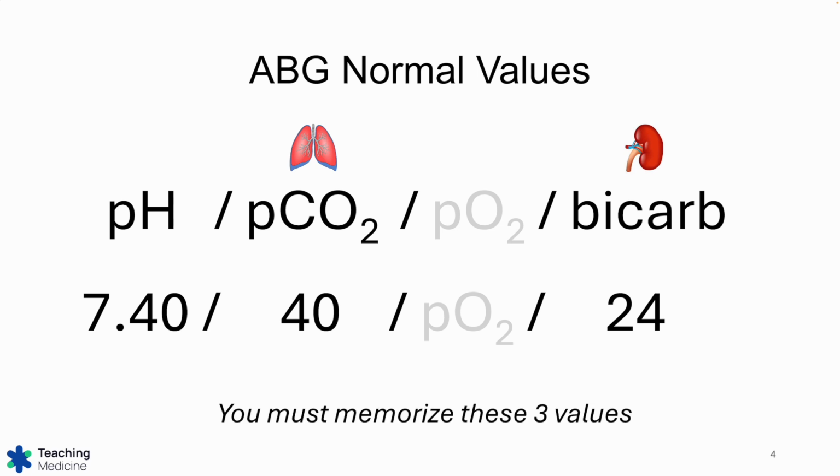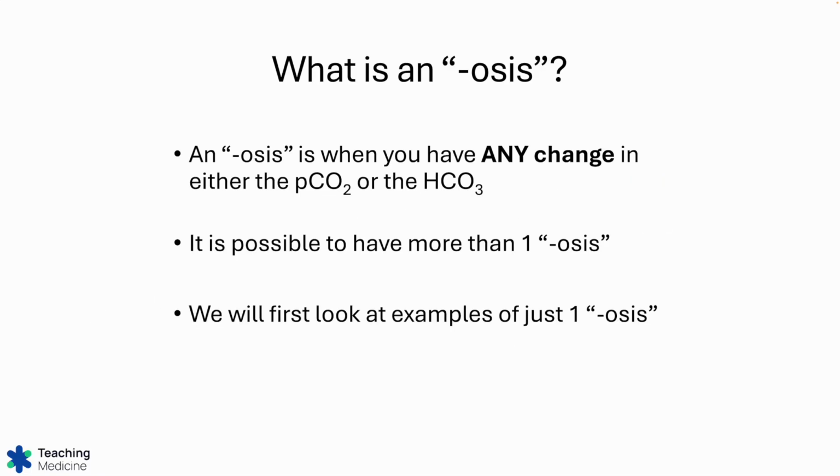You must memorize these three values because when you do an analysis of an ABG, you're going to be comparing the value of the ABG that you have in front of you with these normal values. You're going to have to be able to identify, is this value increased or decreased?